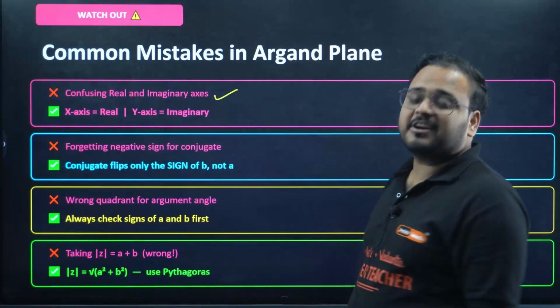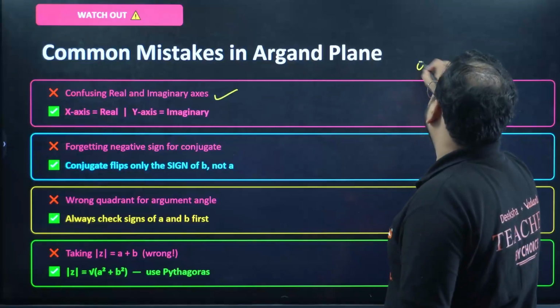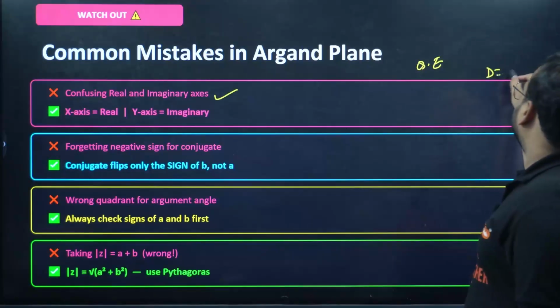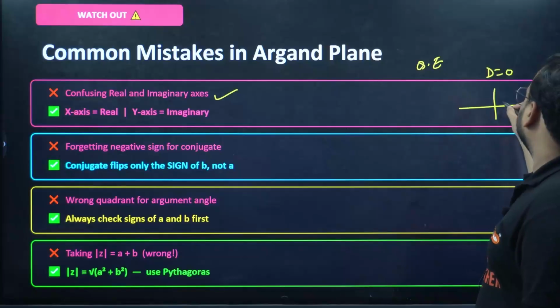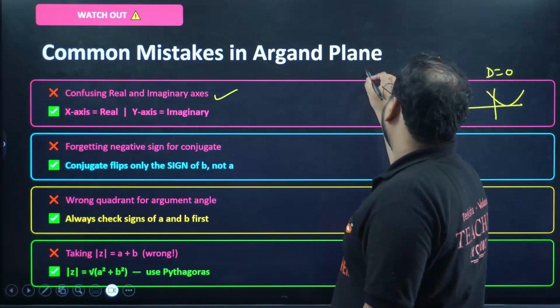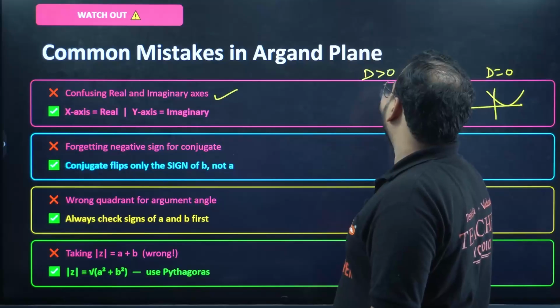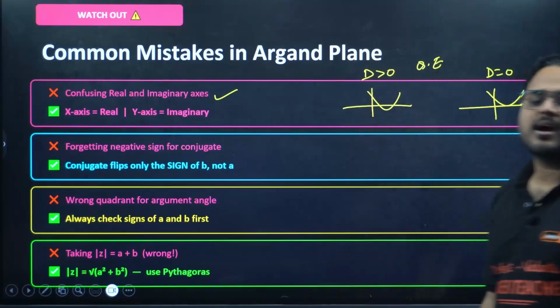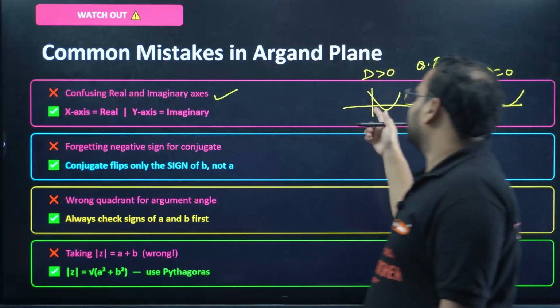We had different forms of quadratic equation. In quadratic, we had three conditions. When d is equal to 0, the graph was touching the x-axis. When d is more than 0, we had the graph cutting the x-axis at 2 points because of 2 roots.